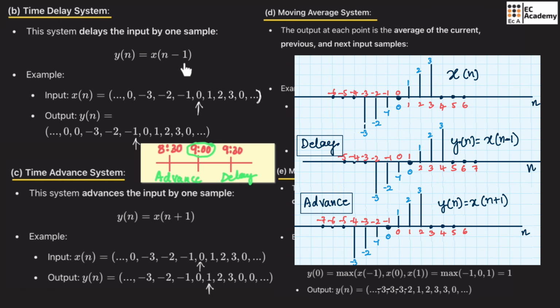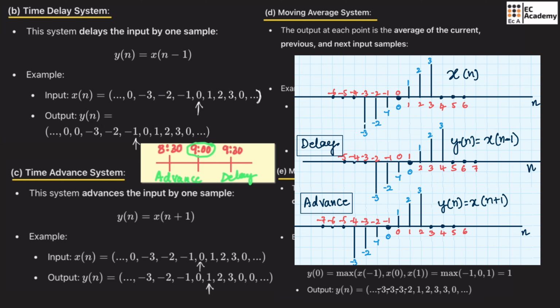If the input sequence is delayed, the sequence should be shifted towards the right side. So how many samples we need to shift the input sequence? That is represented by this value. Since in x of n minus 1, the minus represents delay, we need to shift the input sequence by one sample towards the right side.